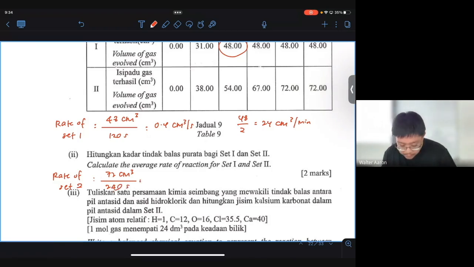So 72 divided by 240 will give you 0.3 cm cubed per second. Or if not, it'll be 72 divided by 4. That will be 18 cm cubed per minute.